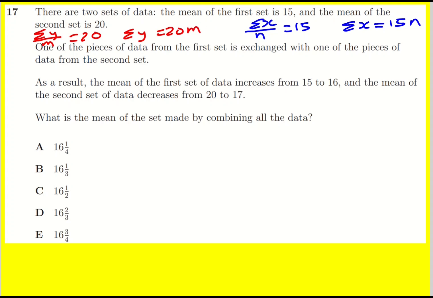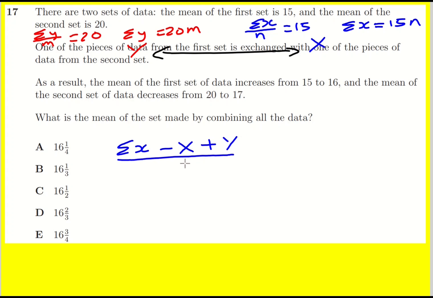So if I take the first data set and I exchange, let's say that I've got a data point x here and a data point y here, and we're going to swap them. What then happens? I'm going to have my sum of x, but I'm going to be minusing x because it's no longer there, but then I'm going to be adding y.